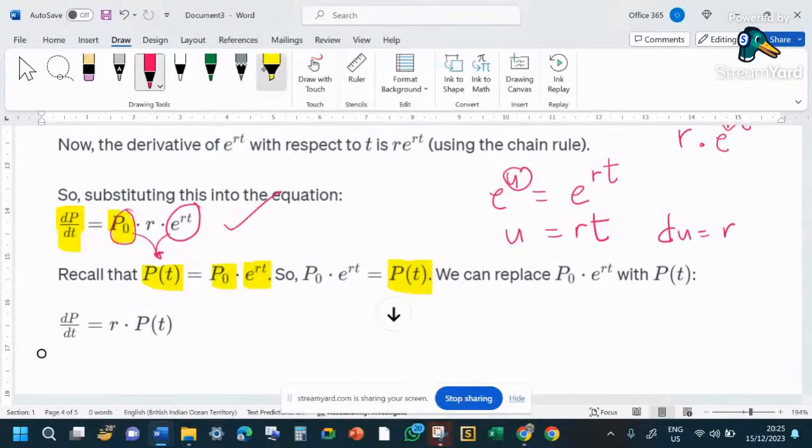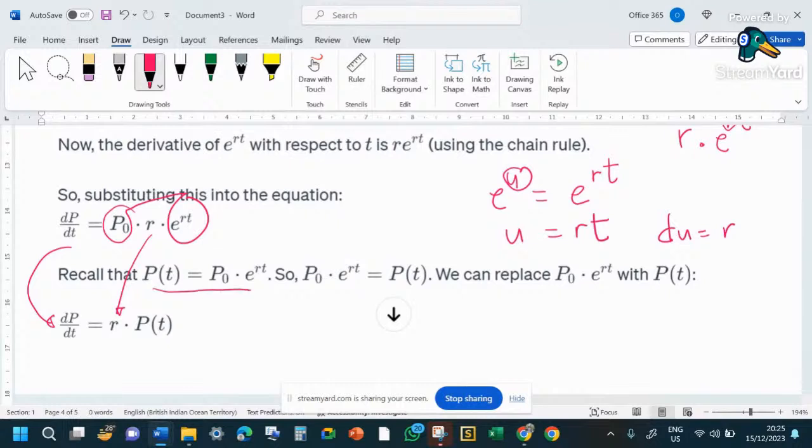So dP over dt is equal to r, which is this, and then P initial e to the rt will be your P of t. Okay? If we remove that now, then you have dP over dt is equal to r times P initial e to the rt, which is your P of t.